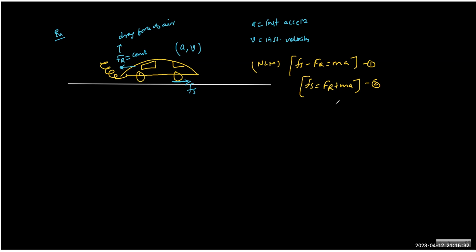Friction is static, it is not moving along with the wheel. Friction is acting at a place and then it is over. Then new friction is coming, then again over.